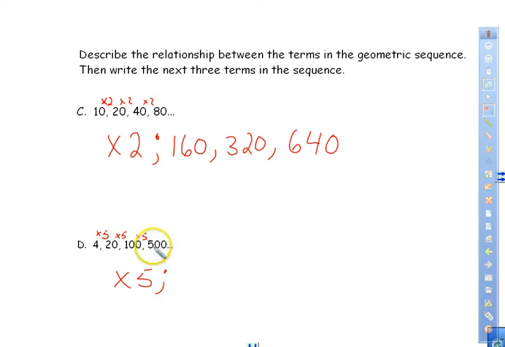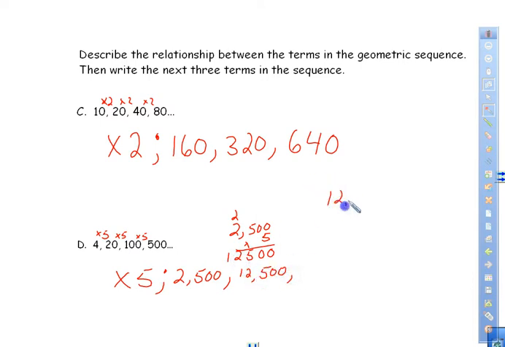And then we're going to take 500 times 5, which is 2,500. Then we take 2,500 times 5, and we get 0, 0, 25, and then 10 plus 2 more is 12, so we get 12,500.